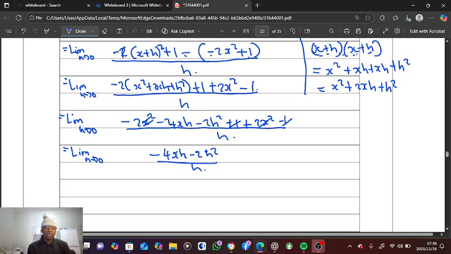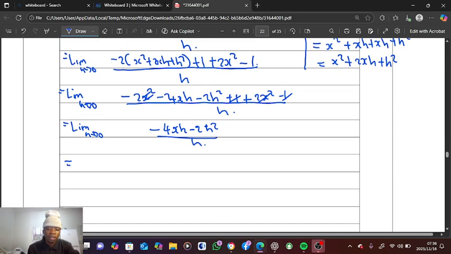Here we see that we have a common factor of -2h. If we take out 2 and h, we are left with -2x on this side and -h on the other side, divided by h.